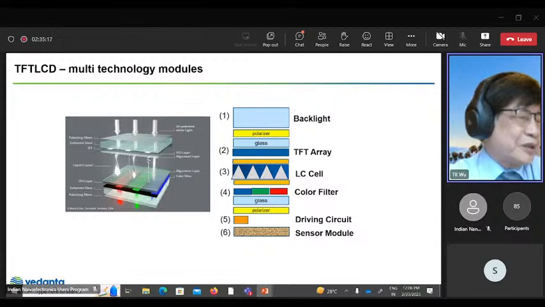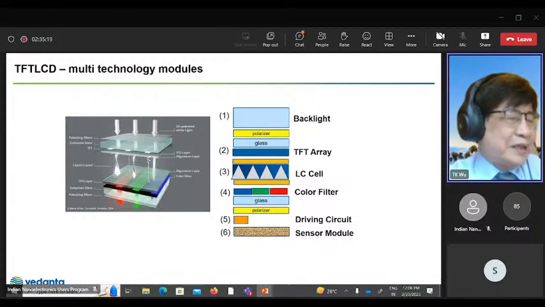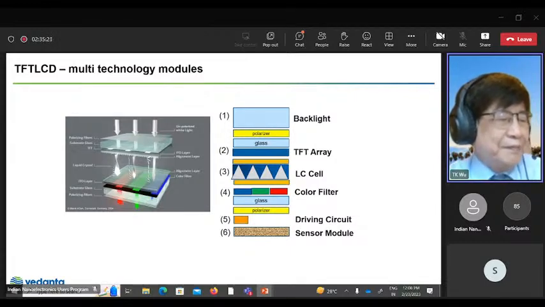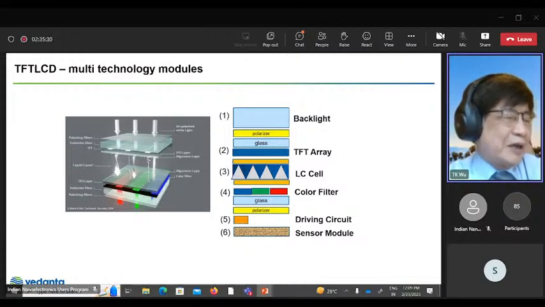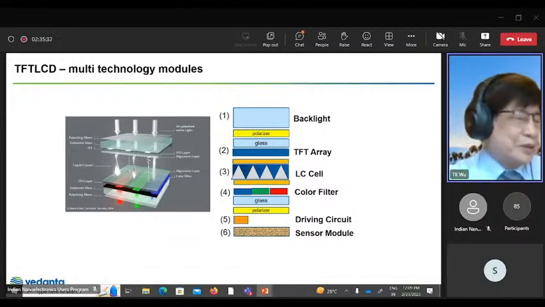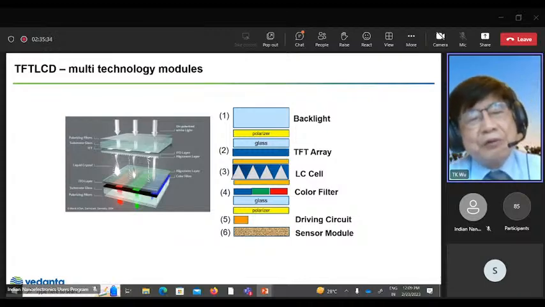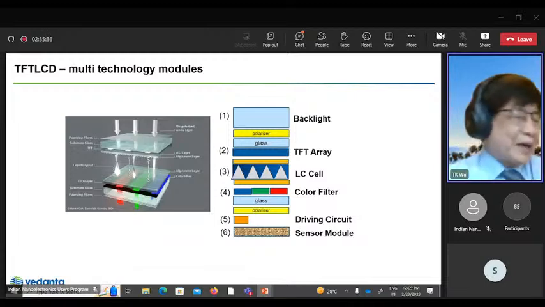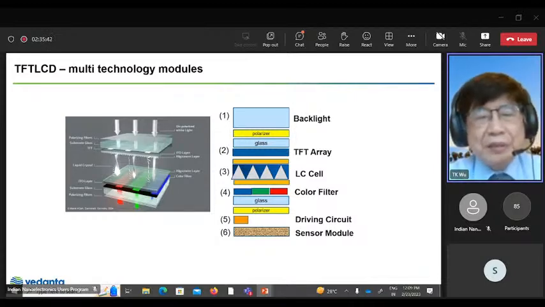The liquid crystal layer comprises a pair of polarizers, a pair of alignment layers, which we call polyimide, PI, and the pixel electrode and the common electrode, with the liquid crystal in between. The typical thickness is 4 micron. So that is number three.